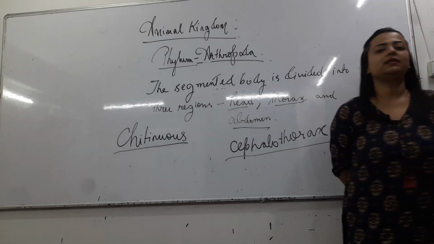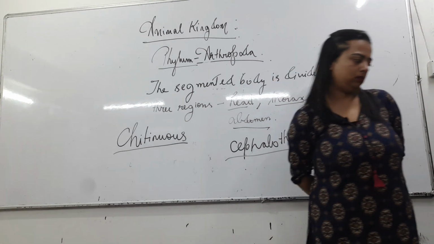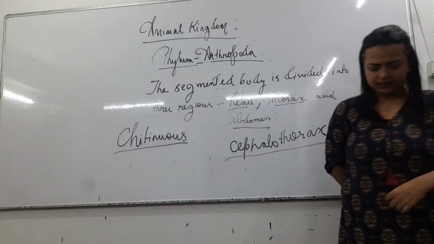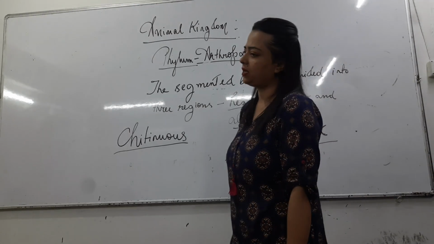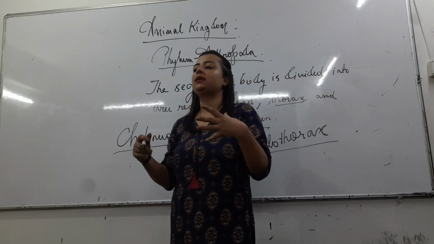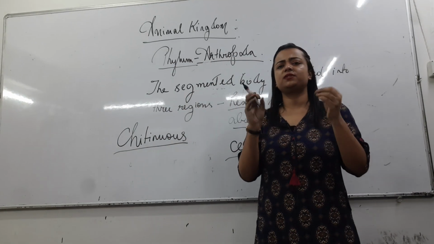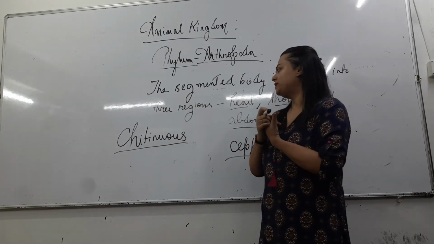The exoskeleton is chitin, basically a fibrous, fiber-like substance. Their exoskeleton, the outer skeleton, is made up of chitin, which is a fibrous-like substance consisting of polysaccharide.